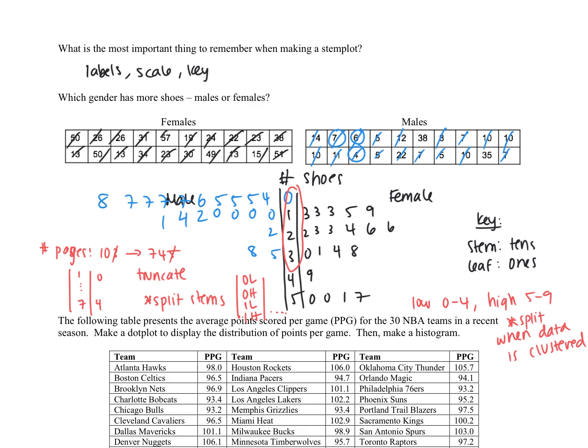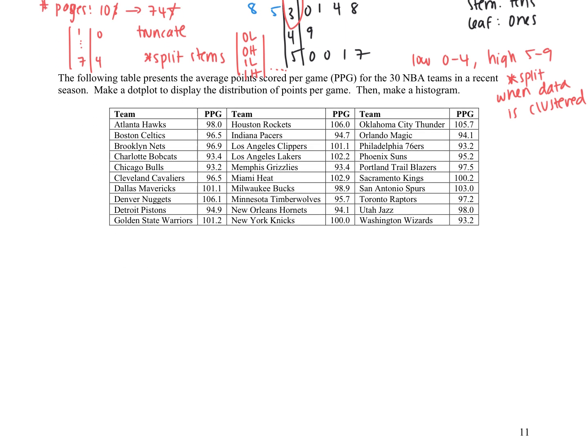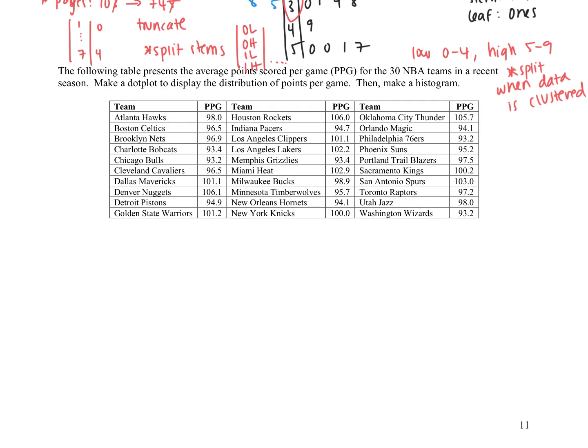Okay. Thank you guys for sticking with me. Let's look at this last example. This table has average points scored per game for 30 NBA teams in a recent season. So you can see the team and you can see the points scored per game. What you should be thinking when you see this is, this is numeric data.